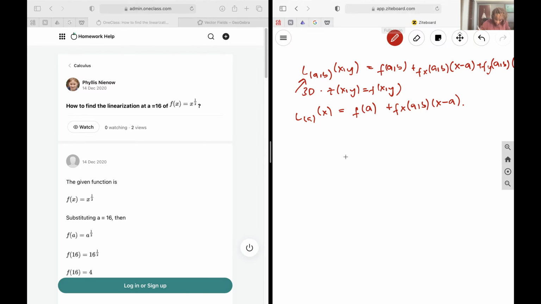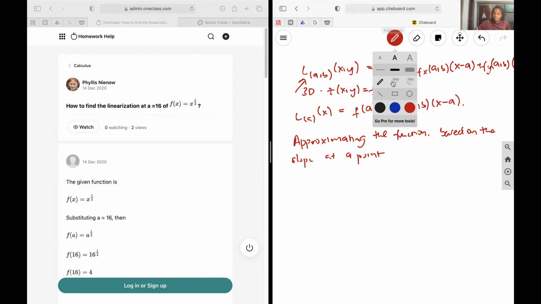And so what exactly are we doing with this linearization? What we are doing is we are approximating the function based on the slope at a given point.